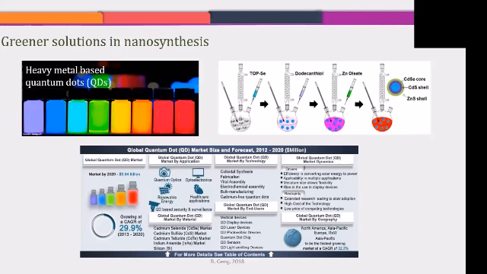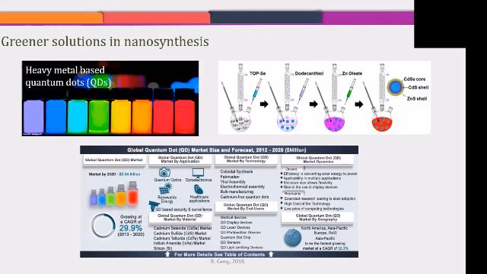But the problem with them is that they are based on heavy metals. Not only the material, but also the solvents that are used for synthesis of these quantum dots are toxic. Since the market is growing, it means that the environment will also be affected in the future by that toxicity, and they are expensive.